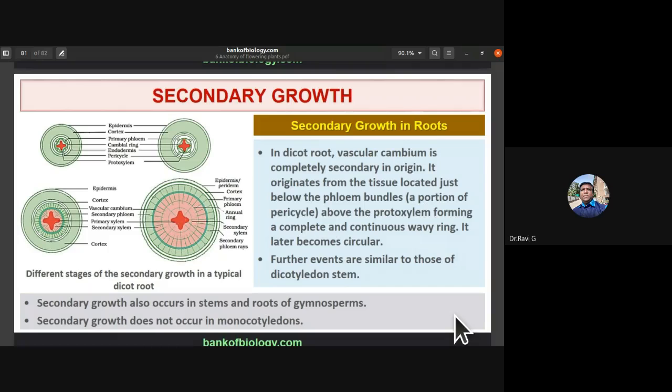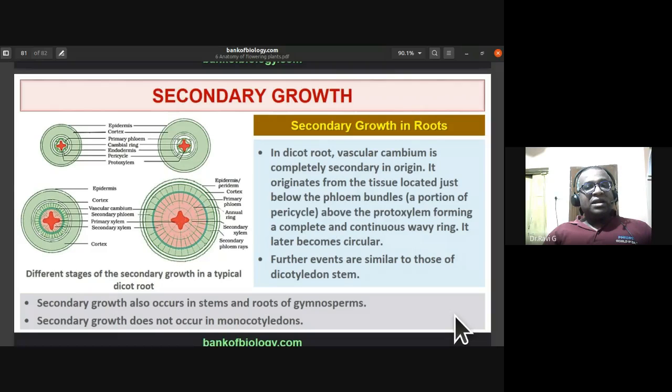Unlike in dicot stem, where the vascular cambium is partially primary and partially secondary in origin, in dicot root the vascular cambium is completely secondary in origin. So they are secondary meristem.